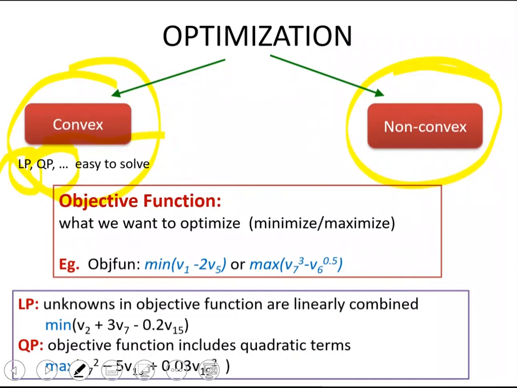Linear programming means the objective function, the function that we want to minimize or maximize, is linearly combined. So we don't have any quadratic terms, any terms with a power of 3, 5, etc. For quadratic programming, the terms are either linear, with a power of 1, or quadratic, to the power of 2.